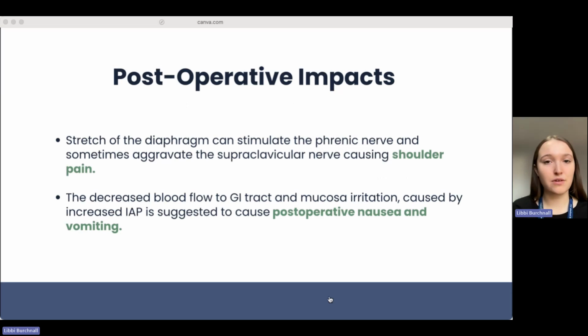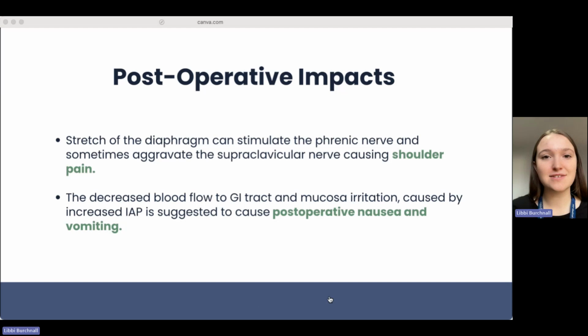post-operative impacts of creating a pneumoperitoneum. So sometimes the stretch of the diaphragm can aggravate the supraclavicular nerve, and that can cause shoulder pain. And so that can be one of the post-operative implications of a pneumoperitoneum.